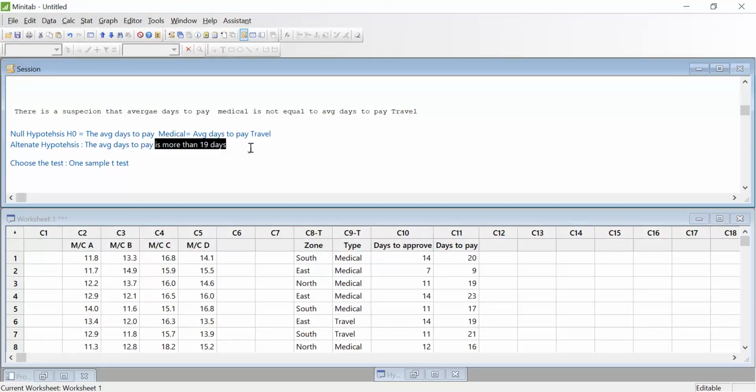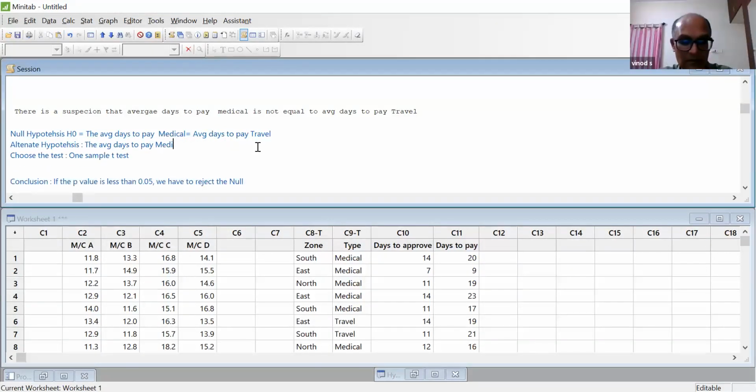The average days to pay medical is not equal to the average days to pay travel.